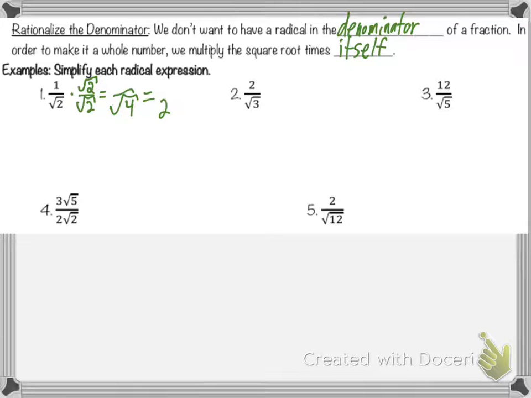Because the square root of 2 over the square root of 2 is the same thing as 1, because anything divided by itself is 1. So realistically, we're not changing the value of 1 over the square root of 2 because we're only multiplying it by 1, and I would put that in air quotes. We're not changing the value, we're just making it look different. Okay? So multiply the square root of 2 over square root of 2.